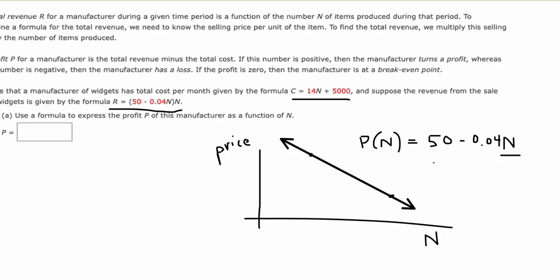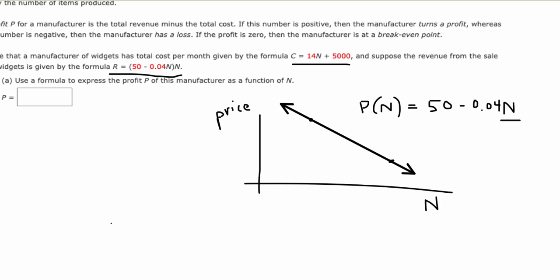But now imagine that you want to find the revenue in terms of n based on that formula, right? The way we find the revenue is we multiply the number of items that you're going to sell times the price of those items. That's always the formula for revenue.